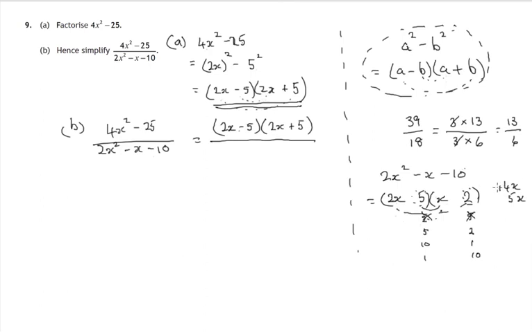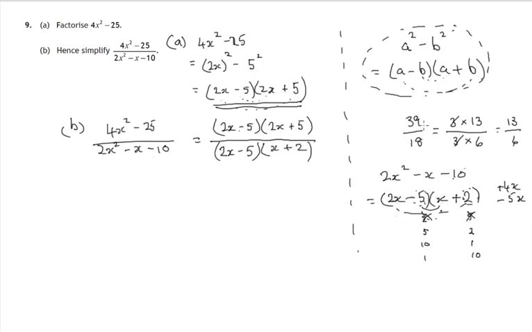So if we did a plus 4 minus a 5, we'd end up at minus 1. So it's plus the 4x minus the 5x. And always check the lasts. Negative 5 times positive 2 does give me negative 10. So we've discovered the factors 2x minus 5 times x plus 2.